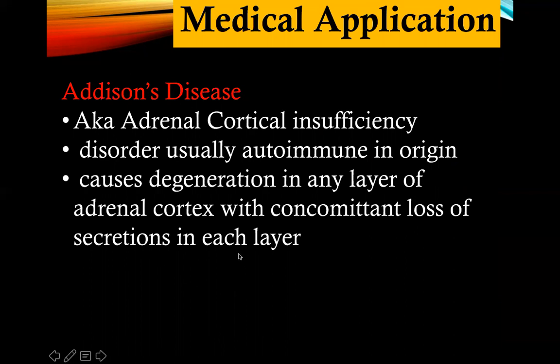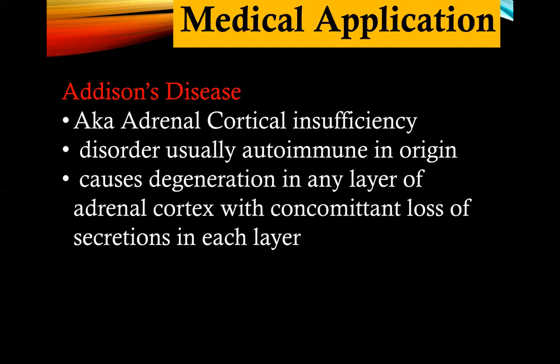Now, question. In Addison's disease, is there an impairment of the secretion of catecholamines? Yes or no? Again, my question: in Addison's disease, is there an impairment of secretion of your catecholamines, epinephrine and norepinephrine? Yes or no?